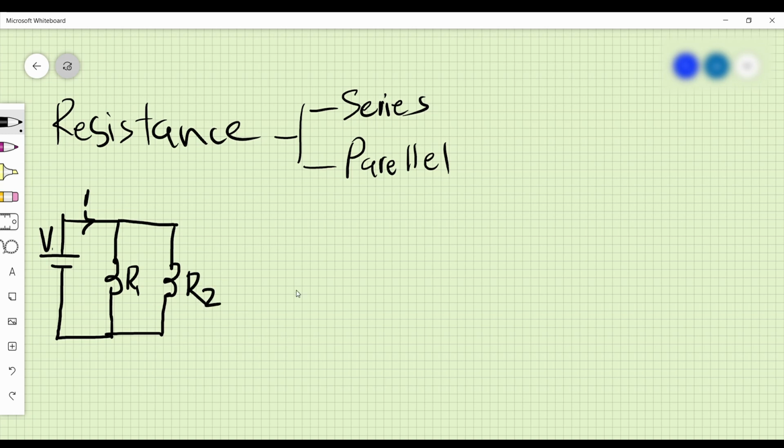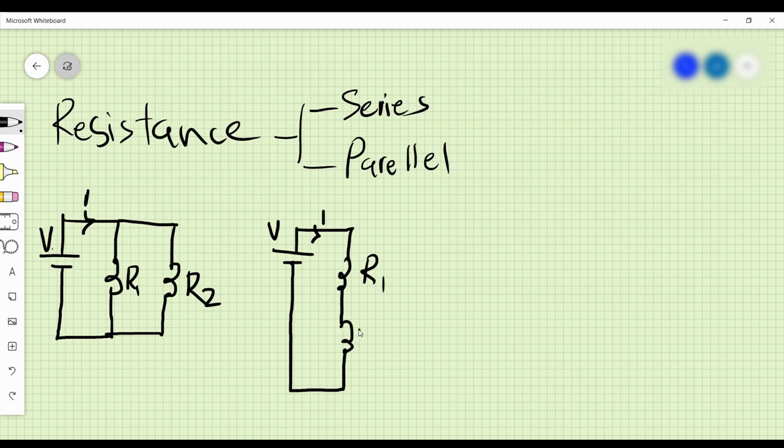Now let's just draw a series circuit as well. So that's V, and that's I, that's R1 and R2.